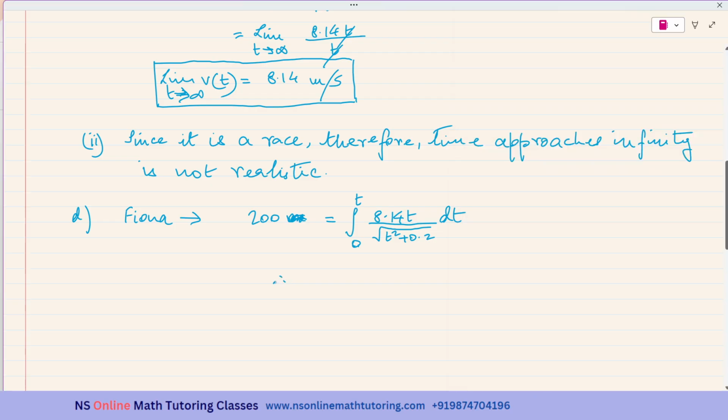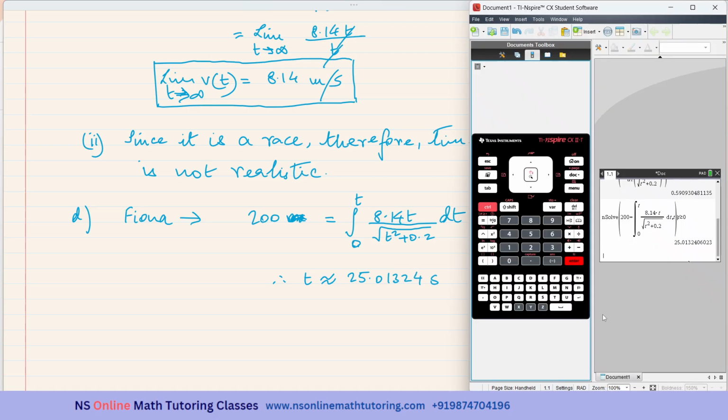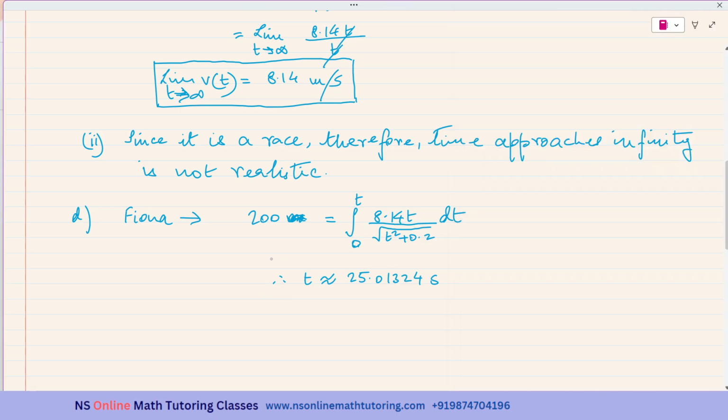So therefore t is approximately equal to 25.01324, using GDC, of course. So this is the time taken by Fiona to complete the race.